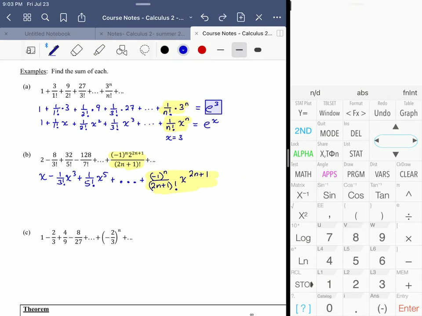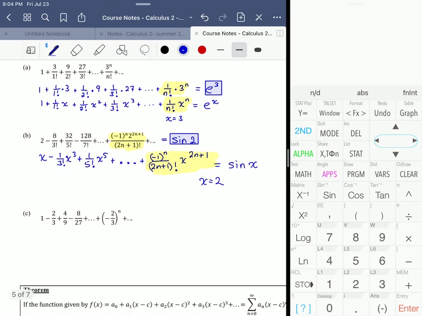If we do that, then you see that the only thing that differs is that x is equal to 2. I'll write that somewhere else because we know that this is equal to the sine of x. And so if x is equal to 2, then this must be equal to the sine of 2, and that would be the sum of this series.